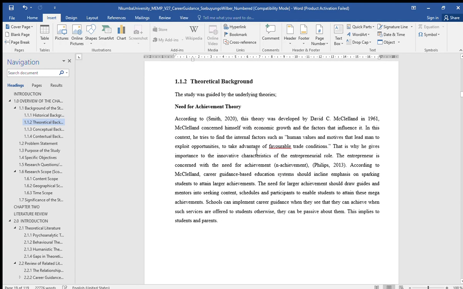Then theoretical background. Theoretical background comes from the word theory. So in the theoretical background, someone has raised up the hand or what? Okay. No. Have I lost the screen?